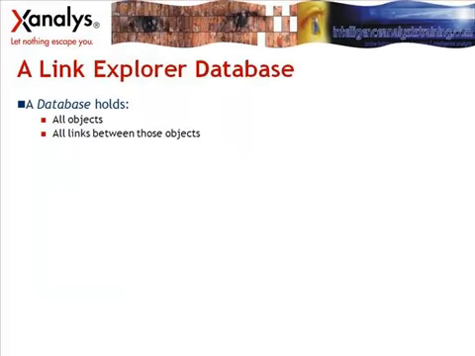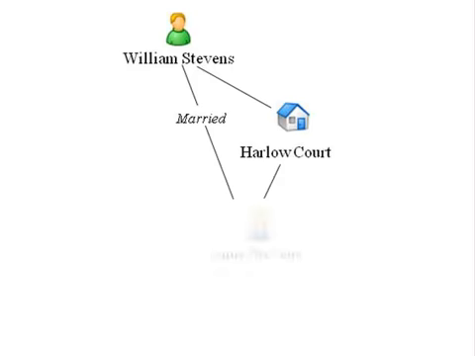Taking the step a little bit further, the database holds all the objects and it also holds all the links between those objects. So a query on a nominal and then exploring that nominal can produce data like this. We have a nominal Stevens linked to an address which he shares with his wife.